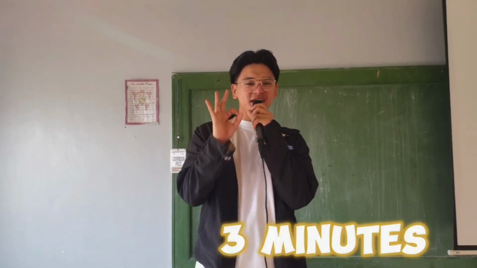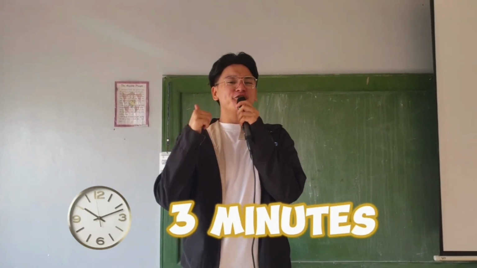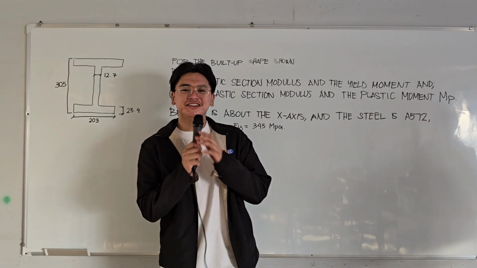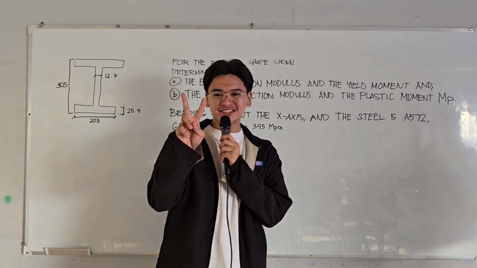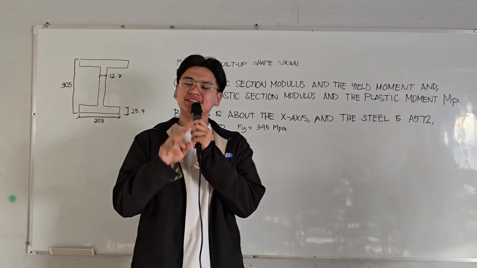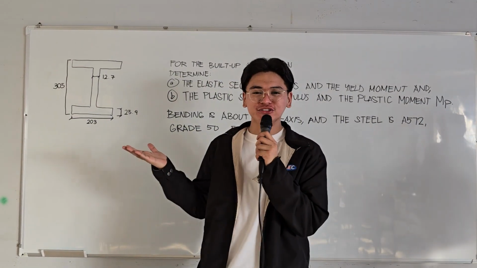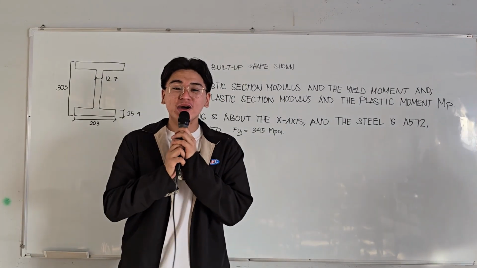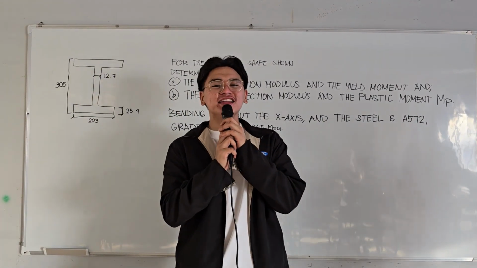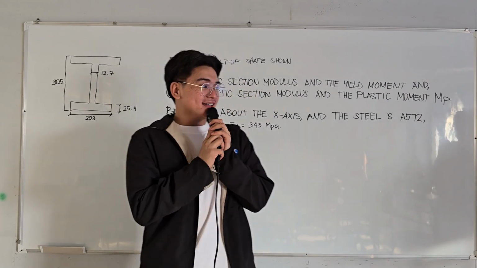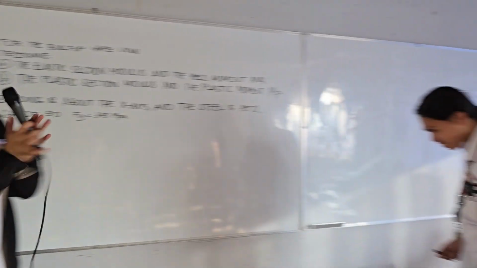This round, magsasolve lang yung ating contestant ng isang math problem sa loob ng 3 minutes. Feeling ko, ready na siya to give it up. Now, lumipat tayo sa ating second studio dahil dito ang ating question for our round number 3. Ngayon, i-welcome natin pabalik ang ating final contestants. Nathaniel!